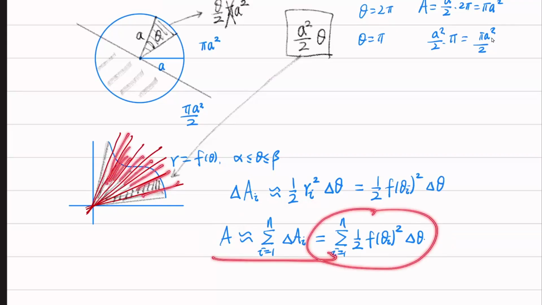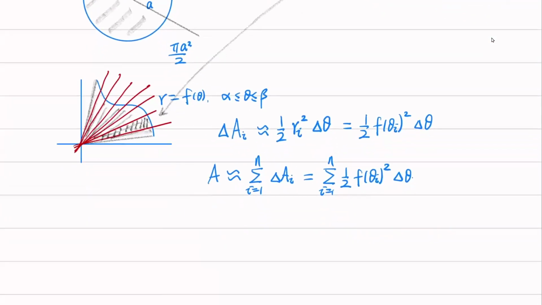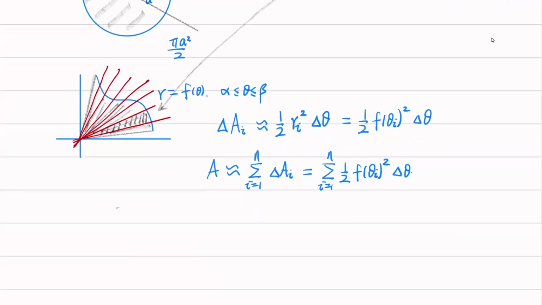We take a limit, and the limit will be the integral. Taking the limit, we have the area, from summation to integral.